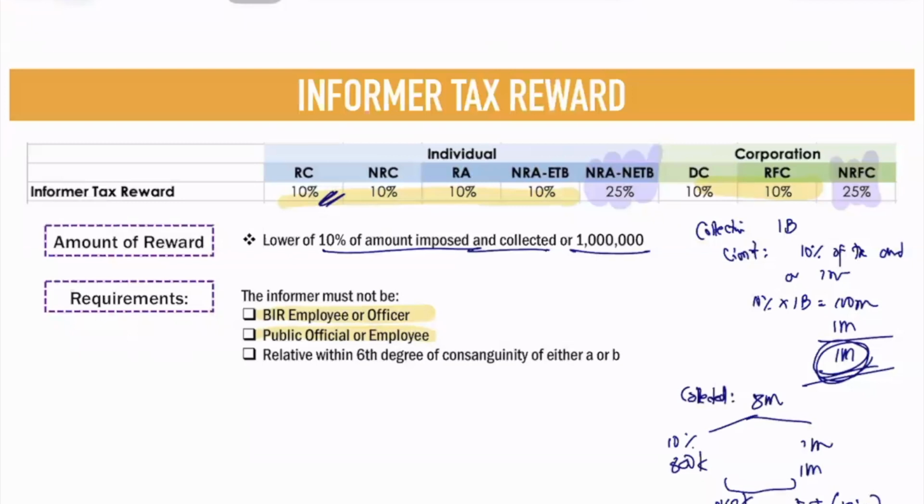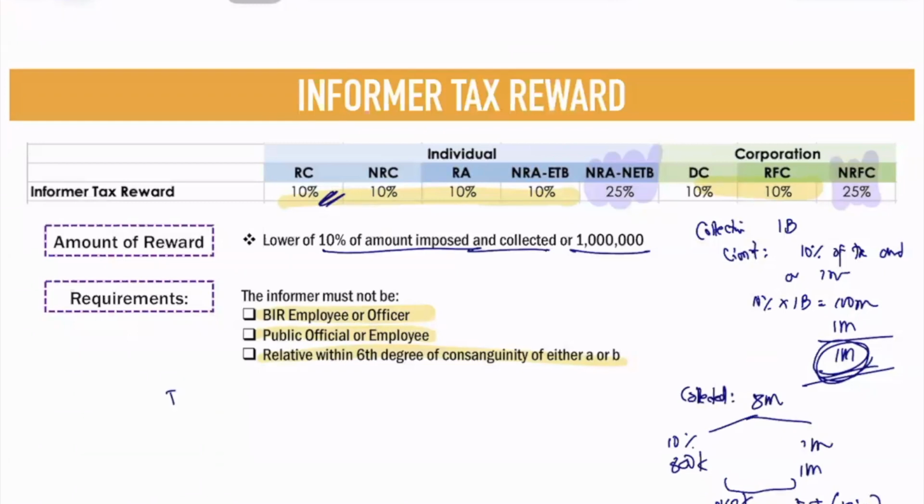Next, you must not be a relative within 6 degrees of consanguinity of a BIR employee or officer or a public official or employee. You already reported, and it's so hard to get the reward. 6 degrees of consanguinity.